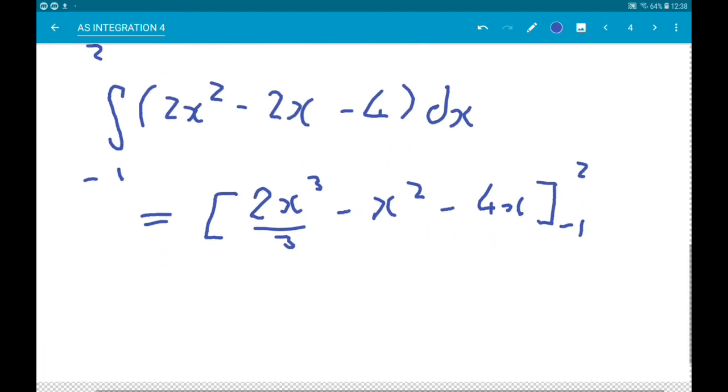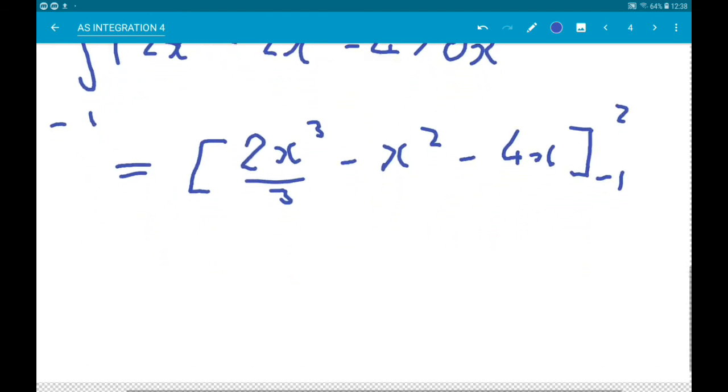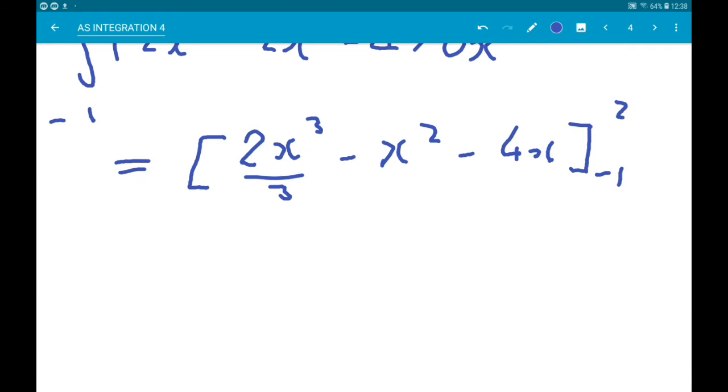So, when x is 2, we are going to get 16 thirds minus 4 minus 8, and then we subtract what we get when x is -1.